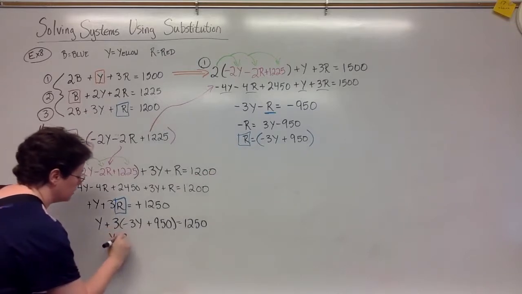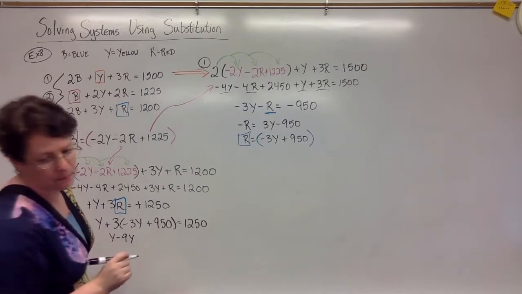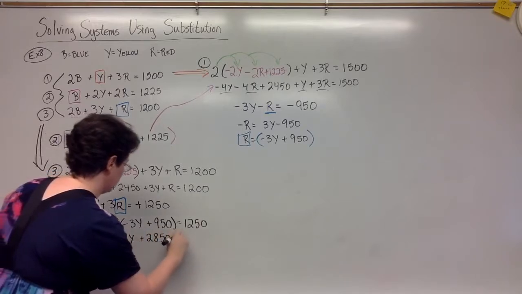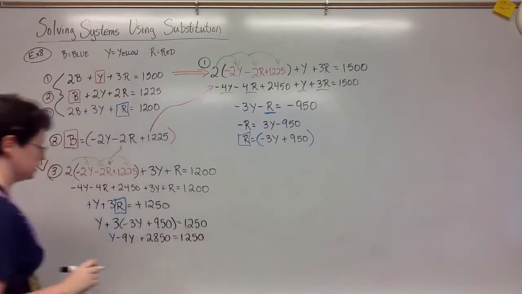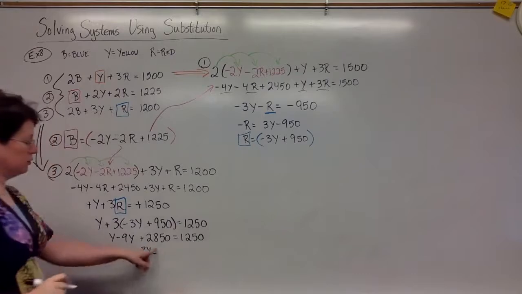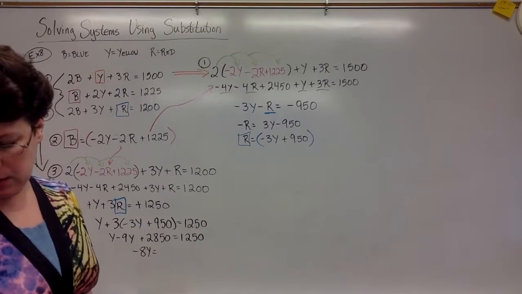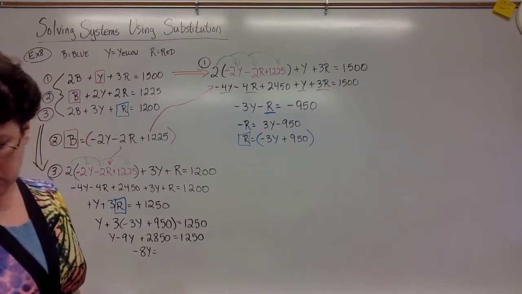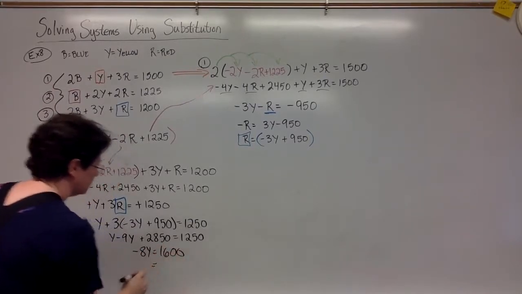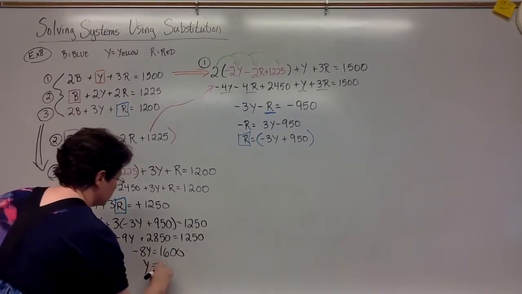I get y minus 9y. 3 times 950, it's 2850 equals 1250. This is crazy. Well, that gives me a negative 8y. And when I move 2850 over to the other side, what am I going to get? So 2850 minus 1250 gives me 1600. Well, hold on. That's divisible by 8. So y is negative 200.